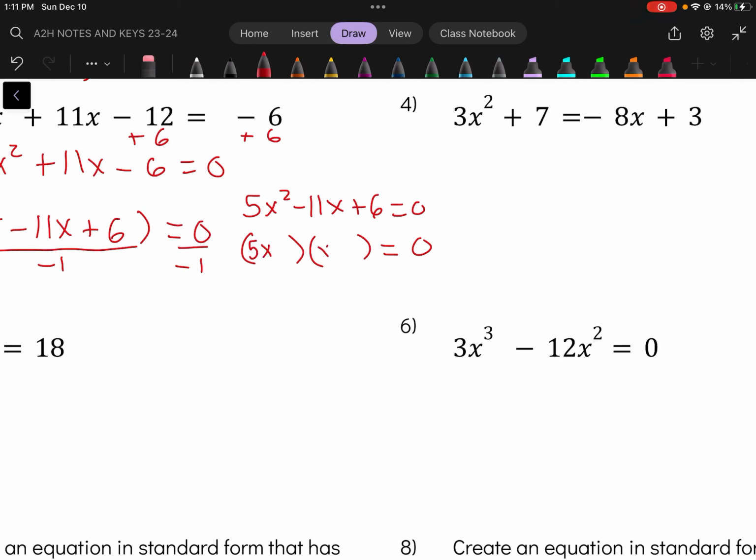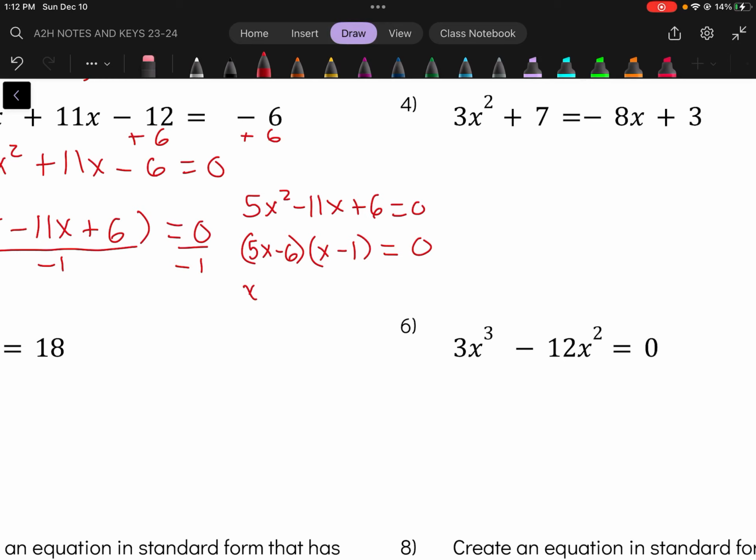So now we're going to factor, and by now you just have to have your one method down, whether it is AC or just guess and check, but either way you do it, you should have gotten that.